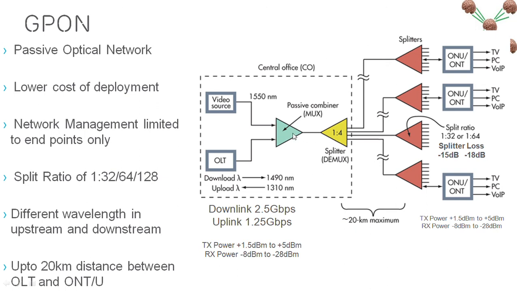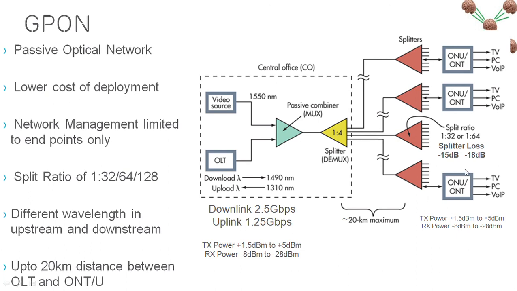So it all depends on the splitting and combination of different clients. For example, this OLT is sending a wavelength downstream. This wavelength of 1490 nanometer is being received on all the ONTs. Whenever it sends any user's packet, only the user which this packet is destined to will take this packet.